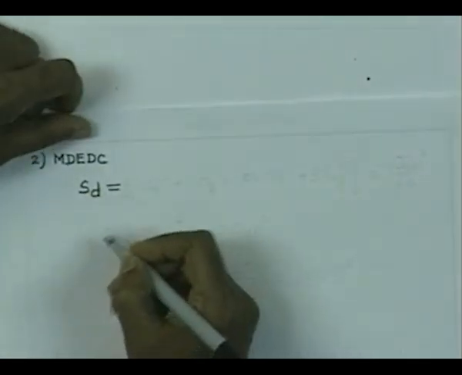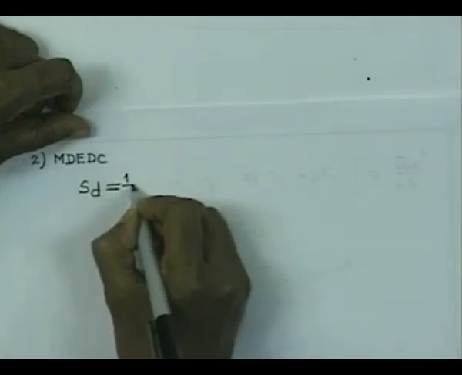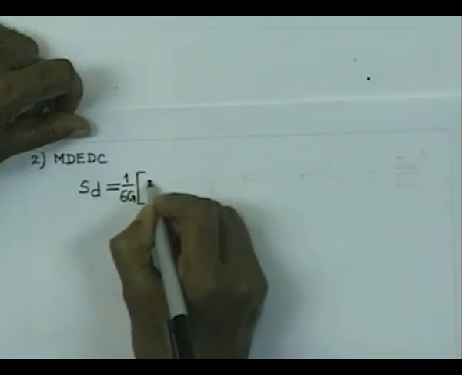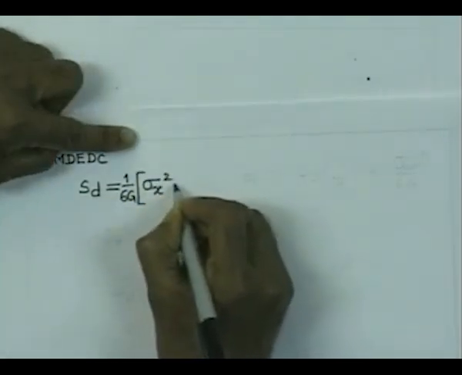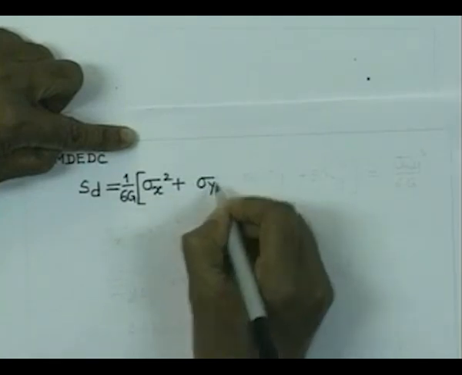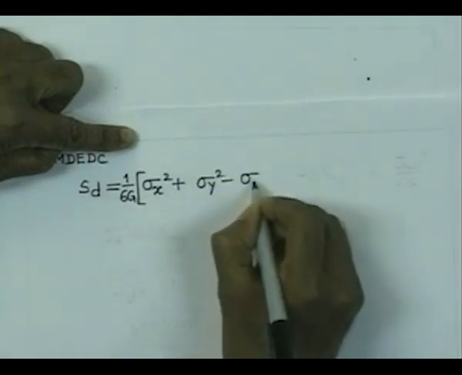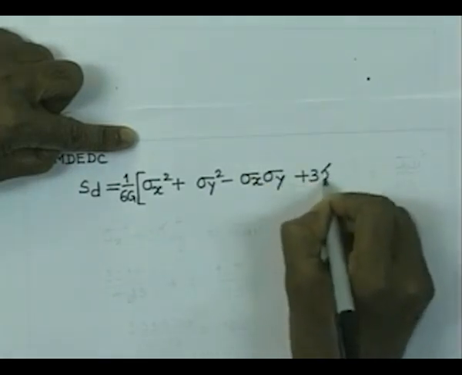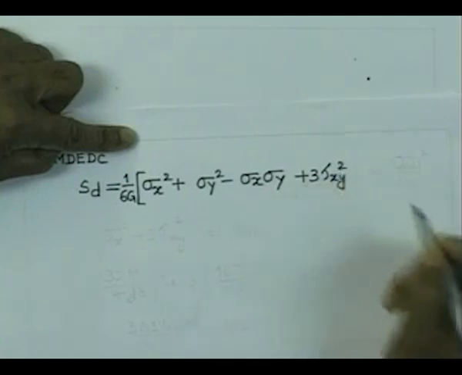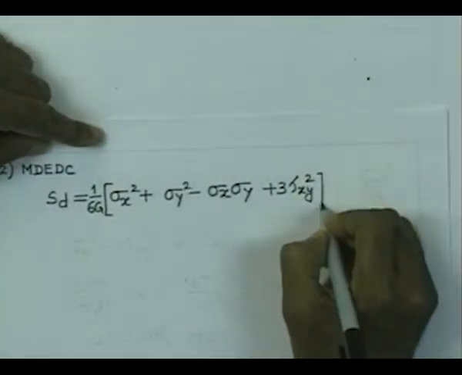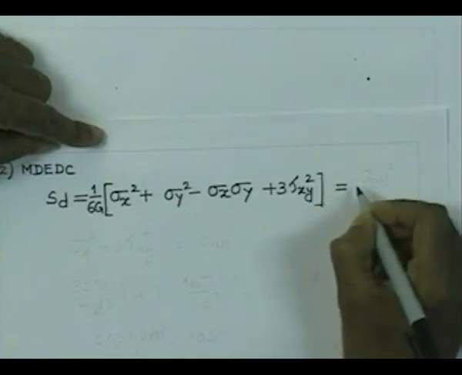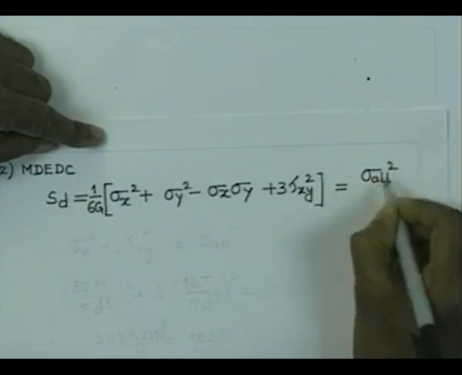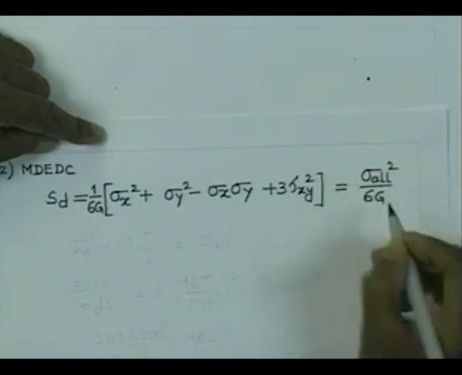SD, strain energy density of distortion, is given in terms of the Cartesian components of stresses by 1 by 6G into sigma x square plus sigma y square minus sigma x sigma y plus 3 times tau xy square, and this strain energy density is to be limited by sigma allowable square by 6G.